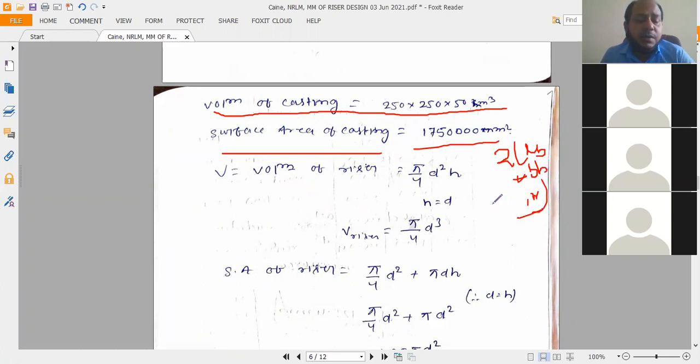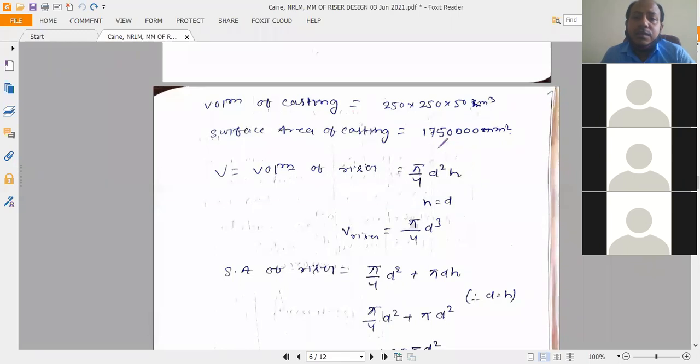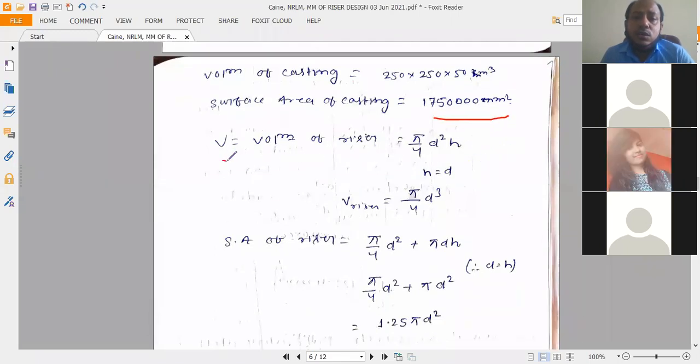Actually it is not a cube, it is a cuboid, because in a cube the lengths are the same, but here all the lengths are not the same. So we can calculate the surface area of the casting.